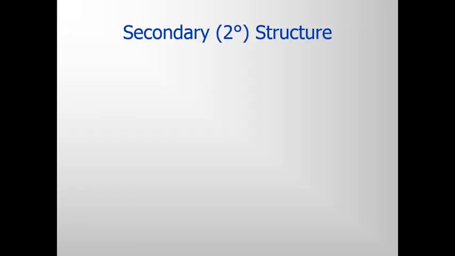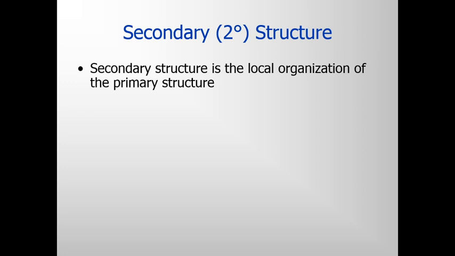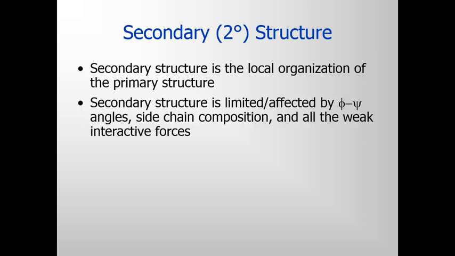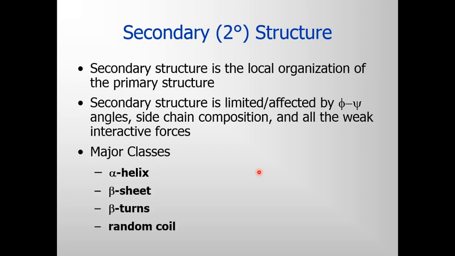Before I end this lecture, as a final slide, I would like to introduce you to the secondary structural elements of a protein. Secondary structure is a local organization of the primary structure, which is nothing but the sequence of a peptide or a protein. Secondary structure is limited by the phi, psi angles, side chain composition, and all the weak interactive forces.